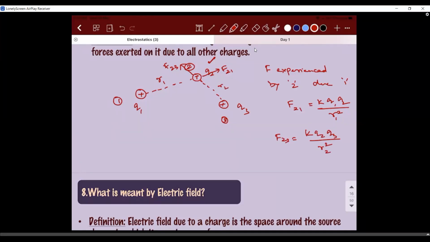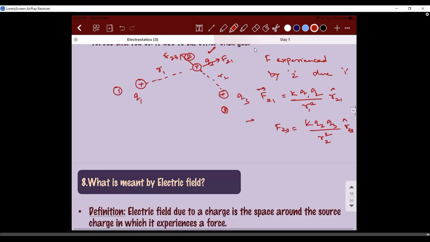If I give a vector symbol on top of it, then what is the unit vector I'm supposed to write? It is R21 cap, and this one will become R23 cap. So the net force experienced by the charge Q2 due to the remaining parts of the system is equal to F21 vector plus F23 vector. Am I clear with this?